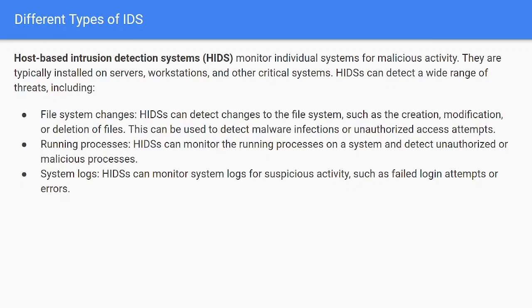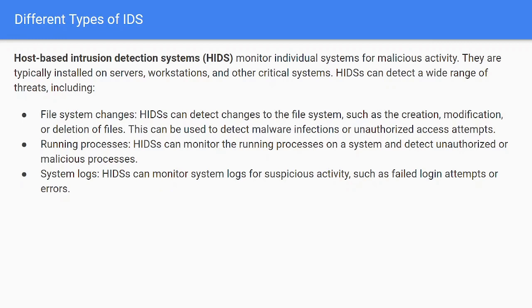You get. Then the next one is running processes. HIDS can monitor the running processes on a system and detect unauthorized or malicious processes. For example, an attacker can camouflage a particular process, like maybe a calculator that will now be making calls to the internet, you understand?